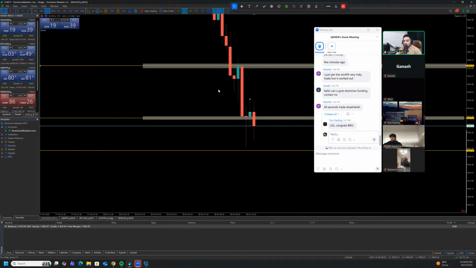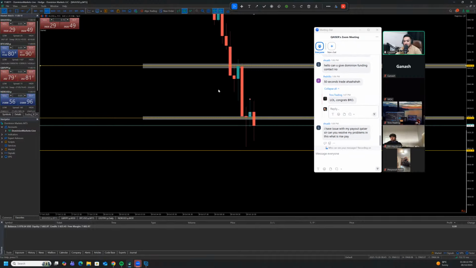If someone does not have real capital, then I will definitely prefer them to go for a prop firm, because there's a higher probability you can pass the challenges easily with proper structure, because there's huge volume in the markets these days. But if you already have real capital with you, then go with the real capital.